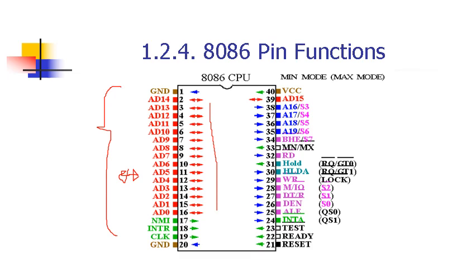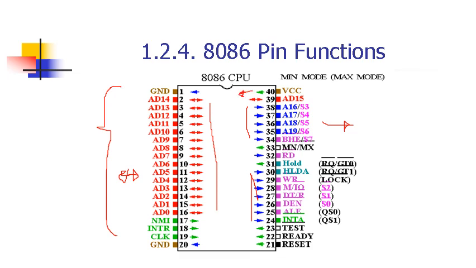Good. While the pins colored blue send out data only. These blue pins send out data. The direction is going outside, while the green pins bring in data.